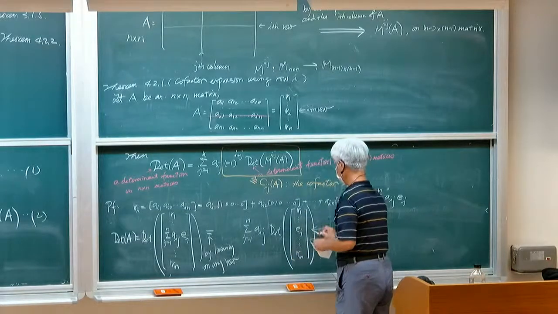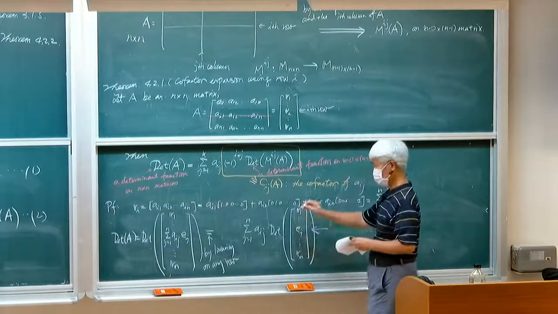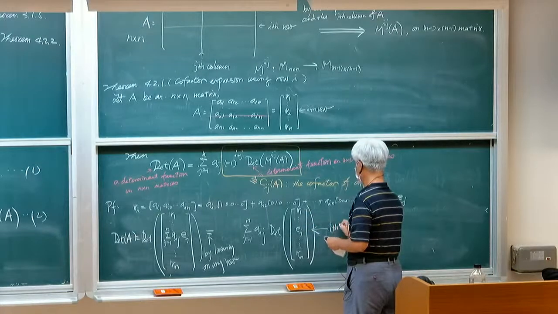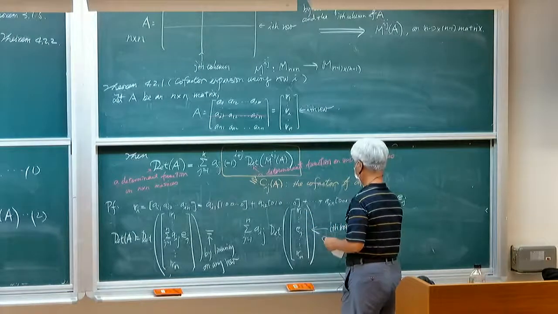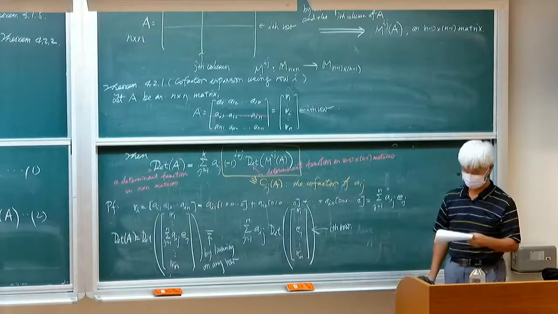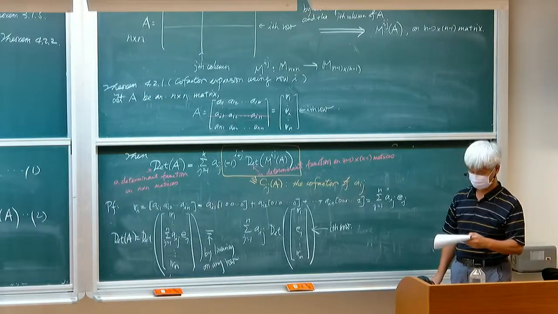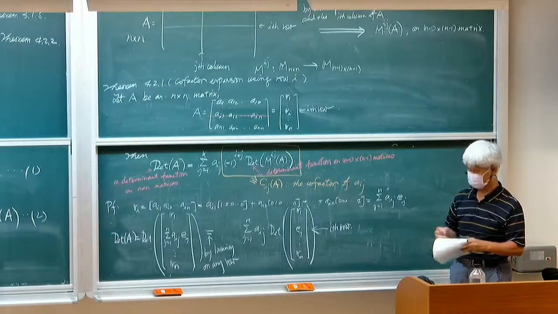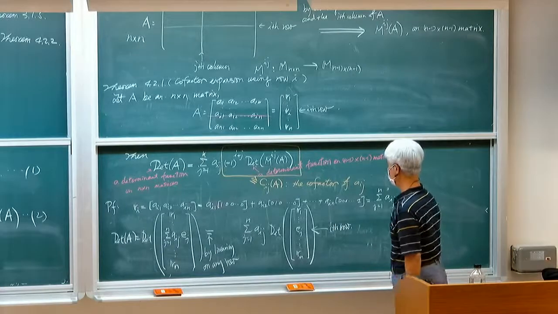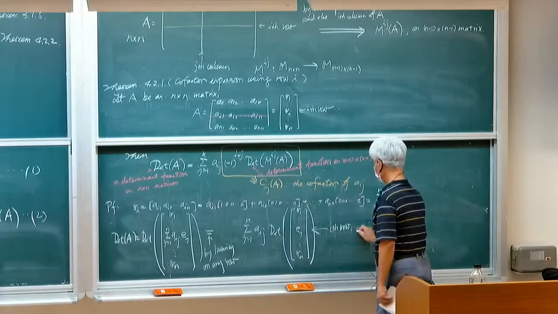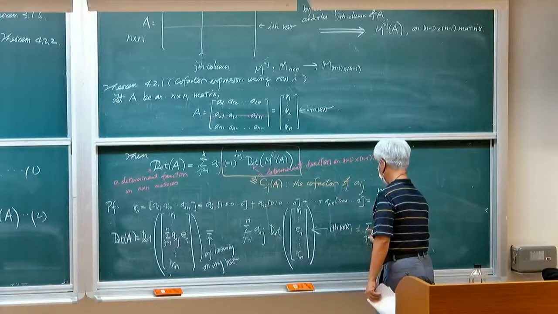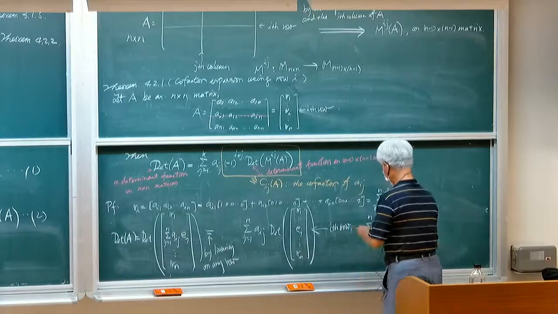Okay, here Ej is in the ith row. Okay, and we will use a notation to simplify the expression.